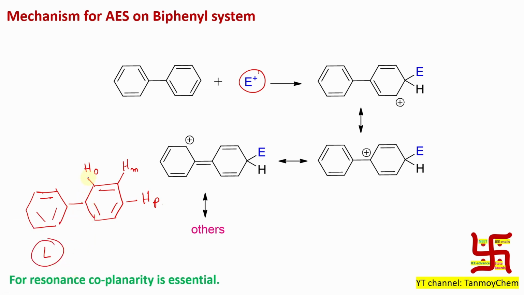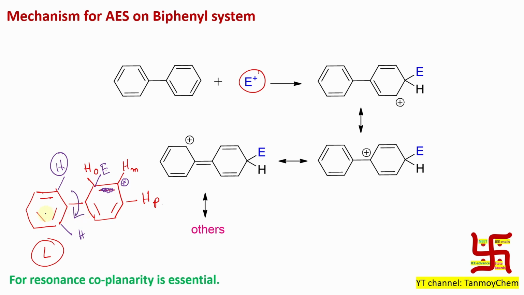Just imagine if you consider the ortho position. If the electrophile attacks this ortho position, and I am talking about the sigma complex, the positive charge will come like that. At that time there are these hydrogens, and these hydrogens and the electrophile's hydrogen have a severe repulsion which will result in an out-of-plane arrangement.